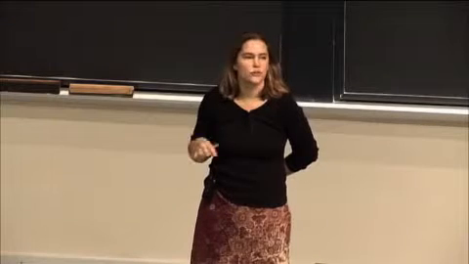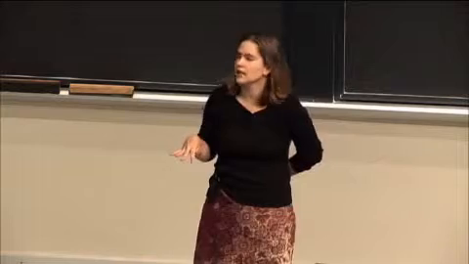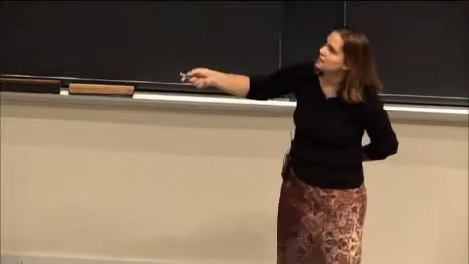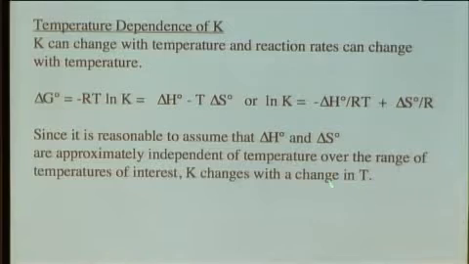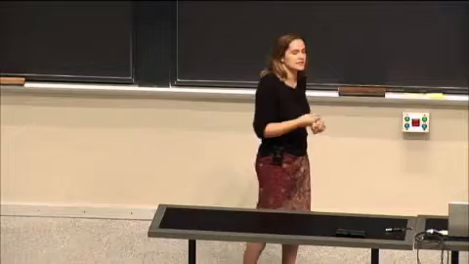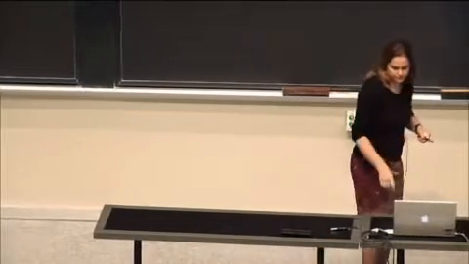That would be true for pretty much any temperature we would be talking about. So that means that K, or the natural log of K, is going to change depending on the temperature. These other terms are constant at all the temperatures, so there's a relationship between the equilibrium constant and temperature.